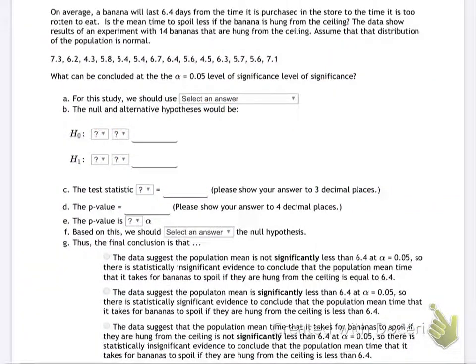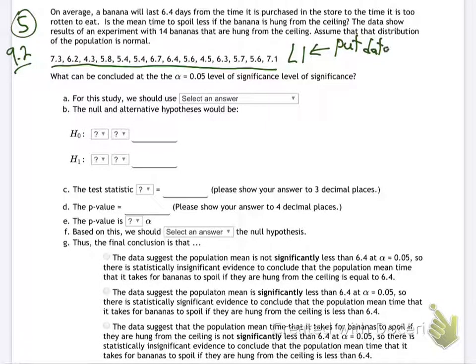So here we are, question number 5 in 9.2. This one has a list of data. Clearly, right there, big old list of data. So first thing you do is put that data into L1 on your calculator.